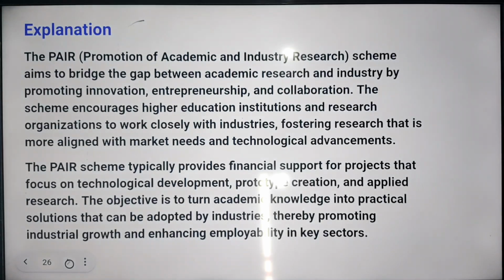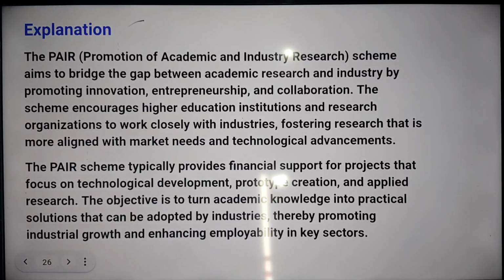The Promotion of Academic and Industry Research scheme aims to bridge the gap between academic research and industry by promoting innovation, entrepreneurship and collaboration. The scheme encourages higher education institutions and research organizations to work closely with industries, fostering research that is more aligned with market needs and technological advancements.